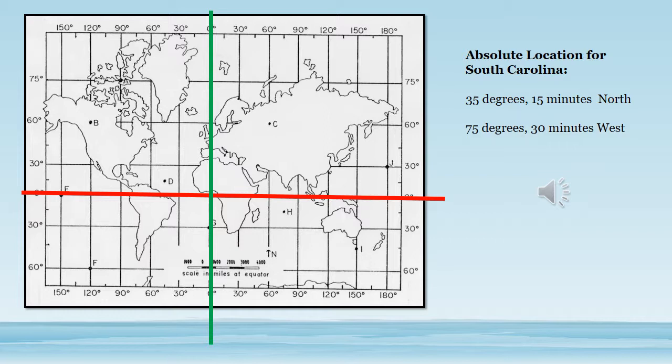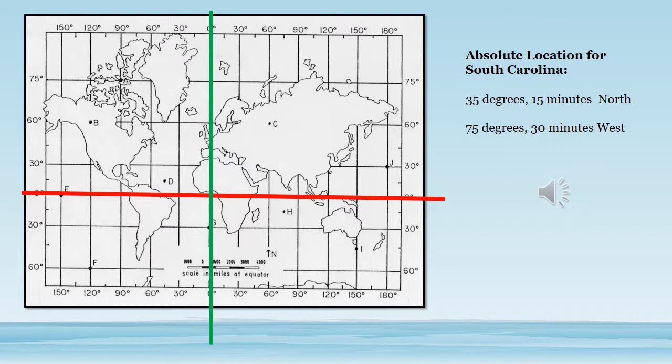Now, in our teaching of absolute location, we really just focus in on the degrees and not necessarily the minutes or the seconds. On a map it will show the precise location using minutes and then seconds. And I don't get into that. I don't teach you that exact precision.